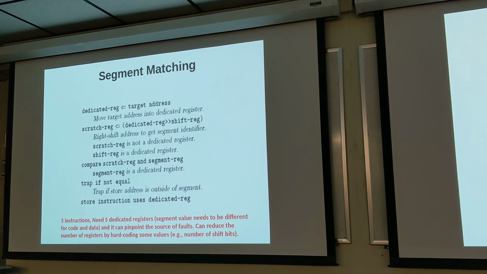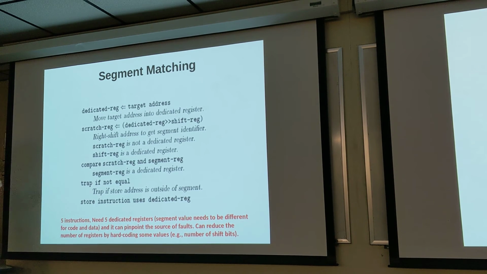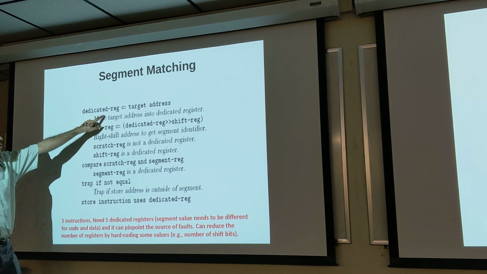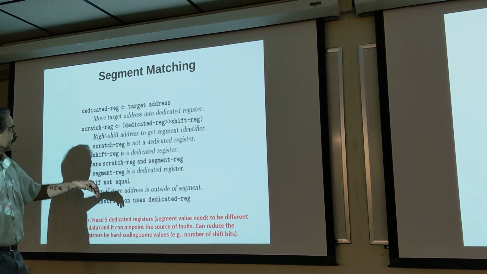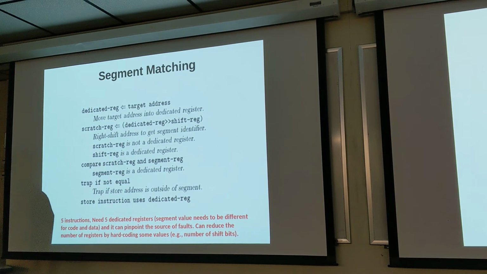There's nothing difficult to understand here, but there is one concept that you need to think about, why it's there. It says that the target address needs to be moved into a dedicated register, and that the segment register should be a dedicated register.